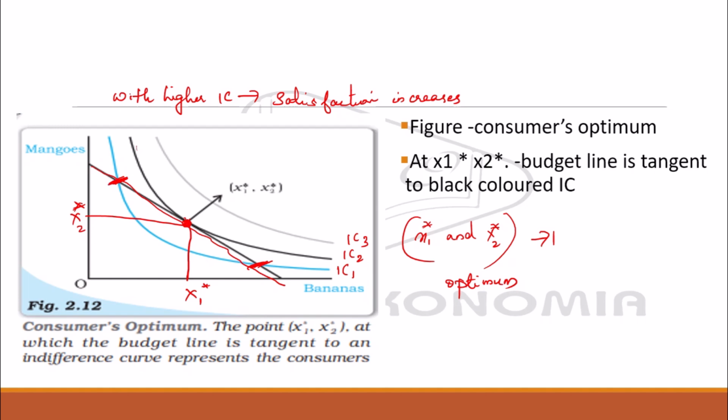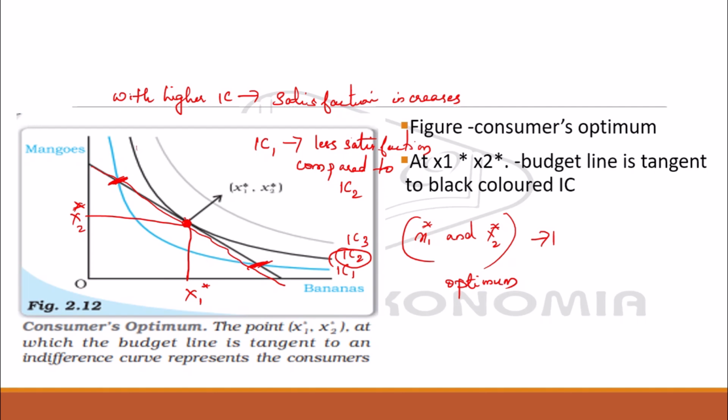And also we know that when it comes to optimum points, we are looking at the tangency point of your budget line with the highest attainable IC. Your IC2 is the highest attainable IC here compared to IC1. IC1 gives you less satisfaction compared to the satisfaction that you get from IC2, isn't it?